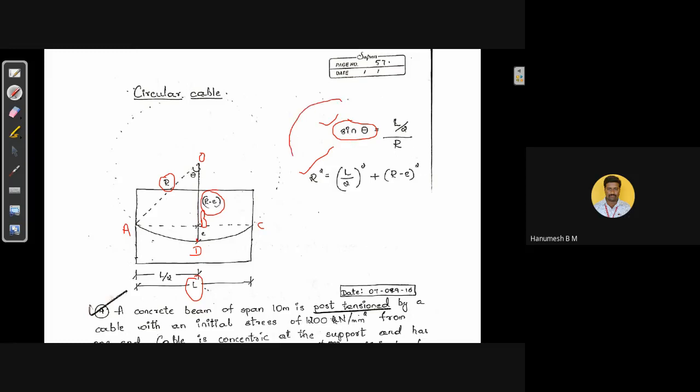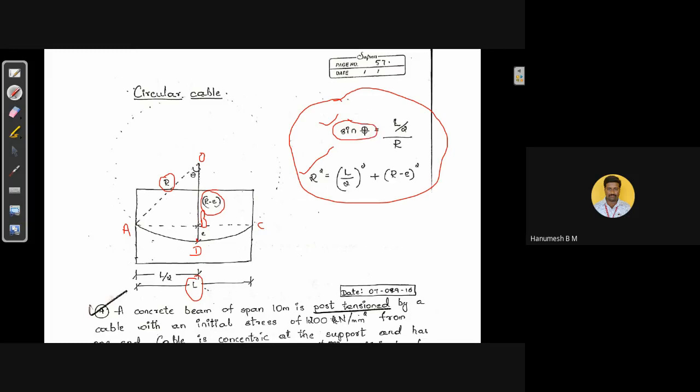These equations are important while dealing with the circular cable profile, because once we need to know the radius of the circular cable, we need to solve this expression. By solving it, we can calculate the radius of curvature. Once the radius is known, we can calculate the inclination of the cable.